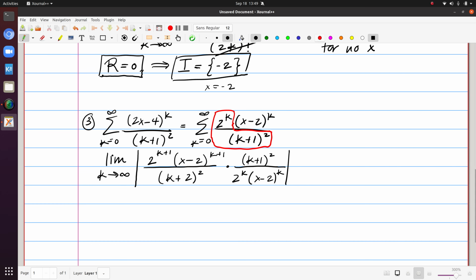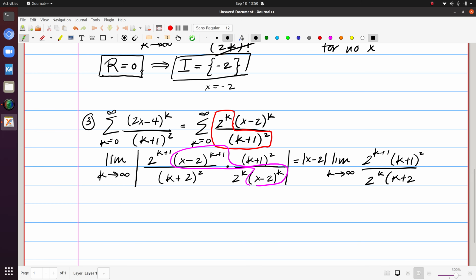I'm going to notice that I can bring out my extra factor of x minus a, an absolute value. Doing so, I have x minus 2, an absolute value, limit as k approaches infinity, and we're left with here 2 to the k plus 1 times k plus 1 quantity squared over 2 to the k times k plus 2 quantity squared. Again, it's safe to drop the absolute value here because what I'm taking the absolute value of is clearly positive.